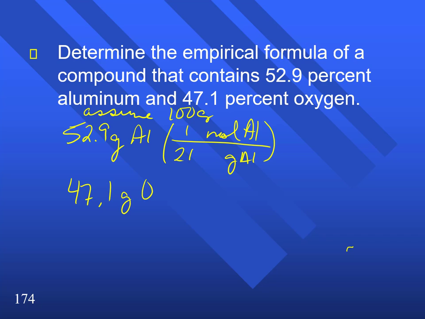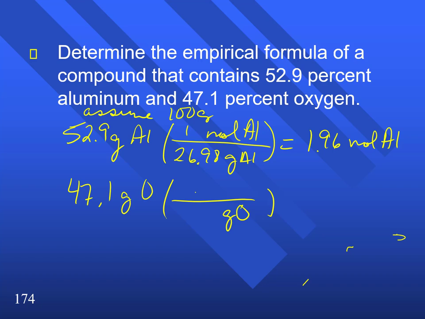1 mole is 26.98 grams off the periodic table. 52.9 divided by 26.98 gets me 1.96 moles of aluminum. 47.1 grams of oxygen.